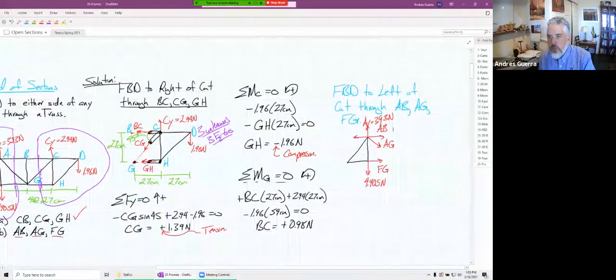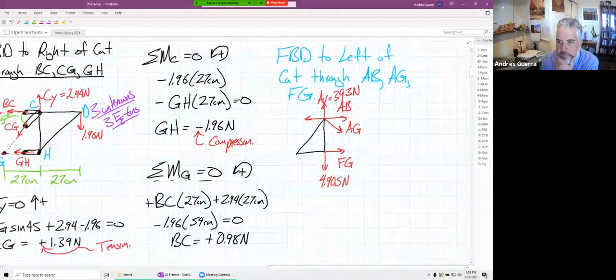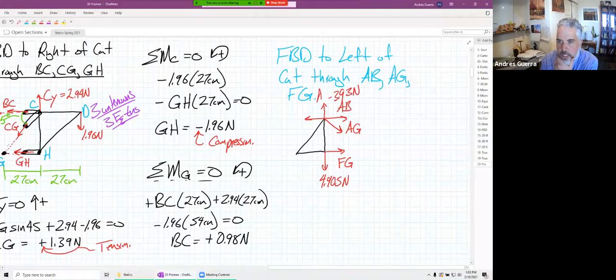So we drew, let me zoom in here. We drew everything, all of our unknowns were drawn in tension, and the only forces that are exposed are the ones that we ended up cutting through. So AB, AG, and FG, we would need to go ahead and add our dimensions here, and then we can solve for these forces.